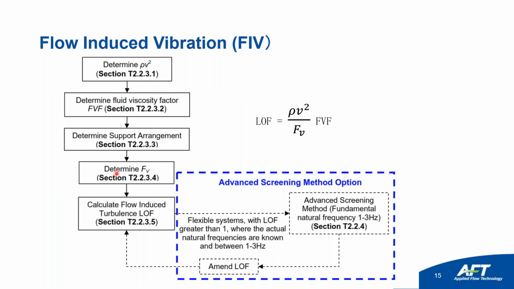The flow of the calculations of the LOF for flow-induced vibration is shown in this figure. So here, this section is calculated by your AFT model: rho times V squared, the kinetic energy of the fluid.